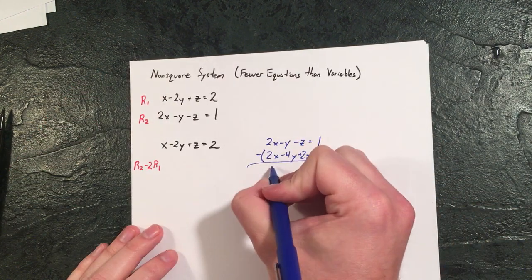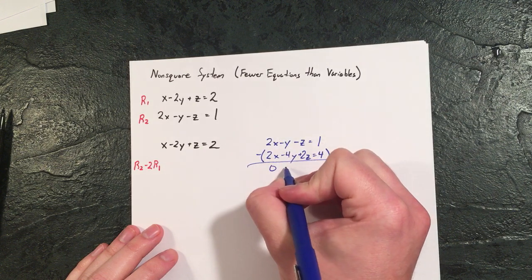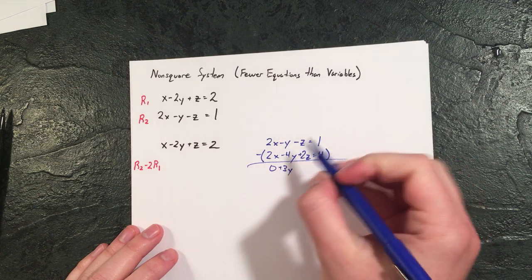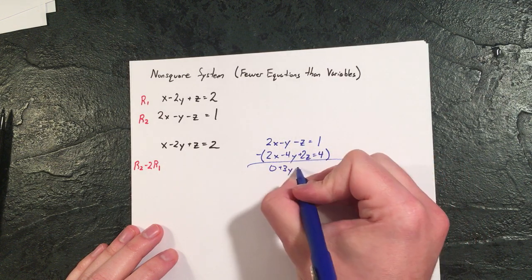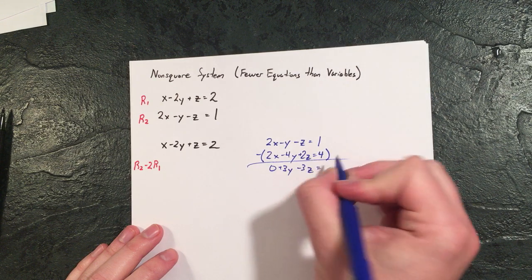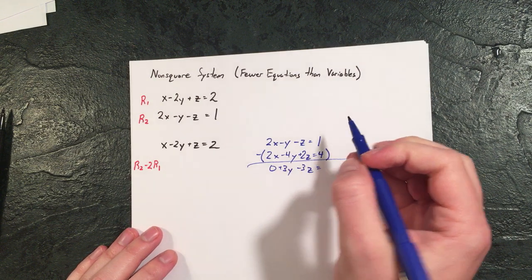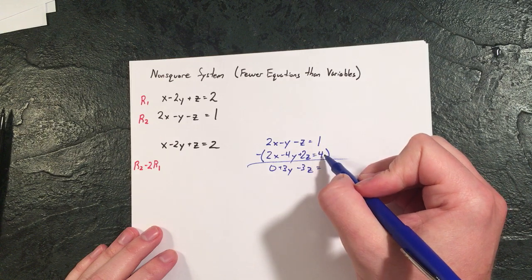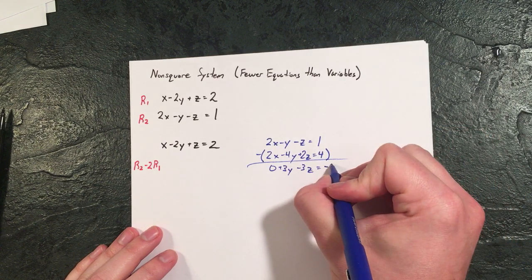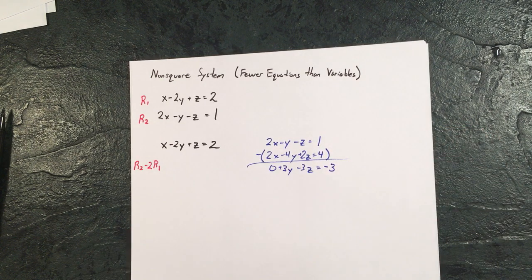We subtract these, we have a 0, positive 3y, and a negative 3z equals 1 minus 4 is getting us negative 3.